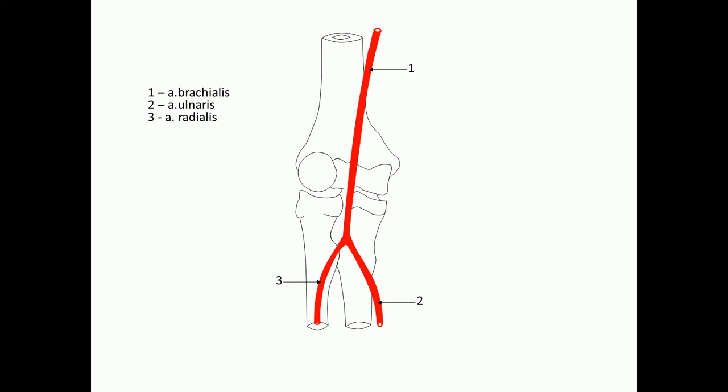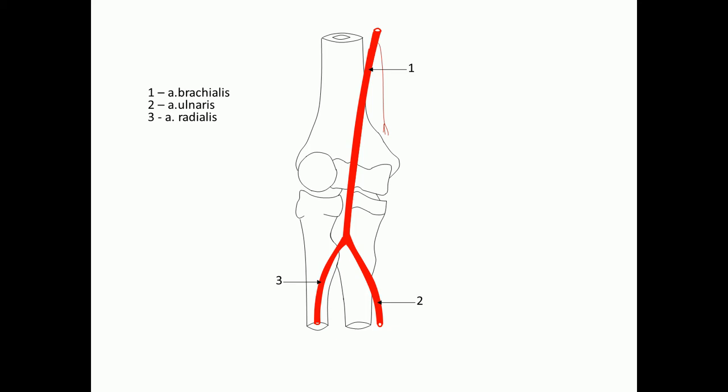And now let's continue to draw rete articulare cubiti. Rete articulare cubiti consists of 8 vessels: 4 descending arteries from arteria brachialis and 4 ascending arteries from the radial and ulnar arteries.